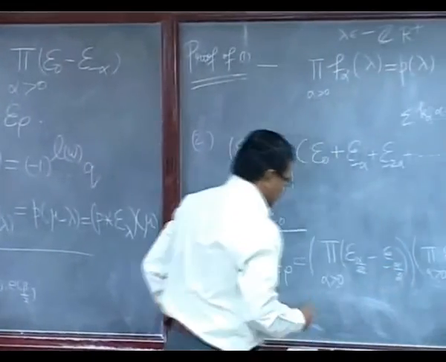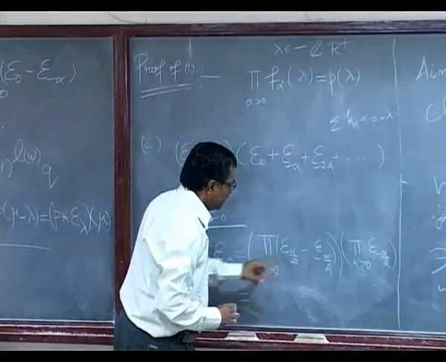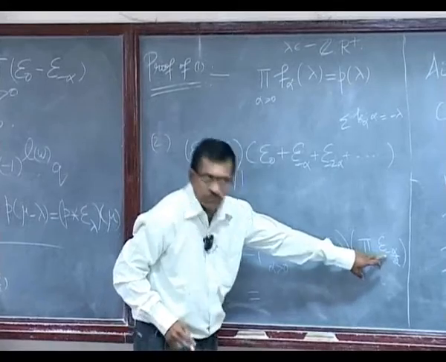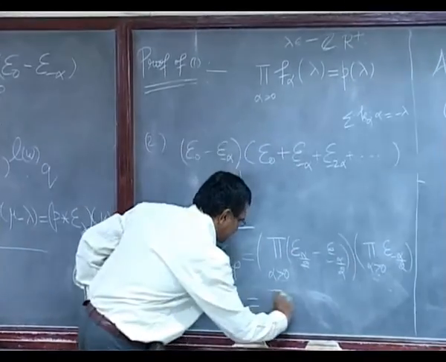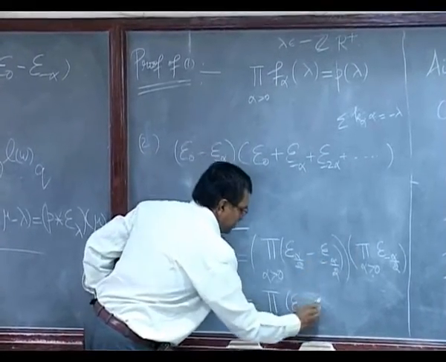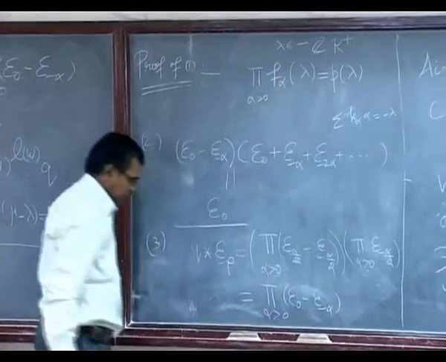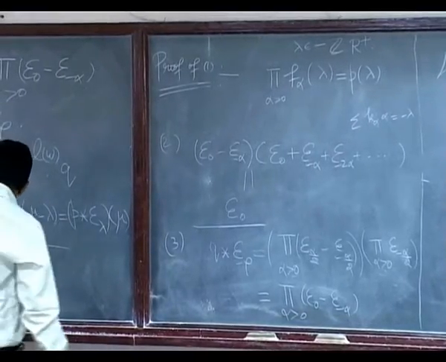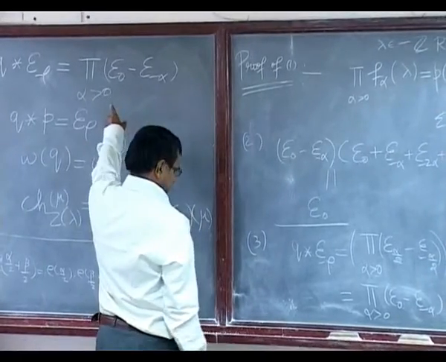So this way, for each alpha you take the corresponding pair, alpha by 2 and minus alpha by 2, and then you get the product of epsilon 0 minus epsilon minus alpha, this is 2 times, alpha positive. Yeah, so this is what we have.